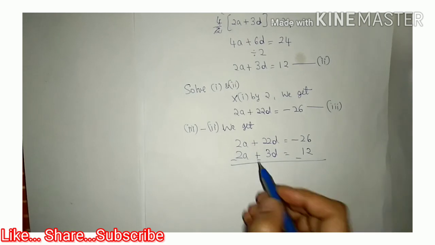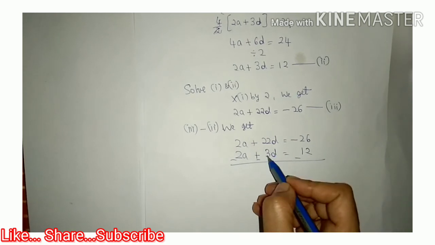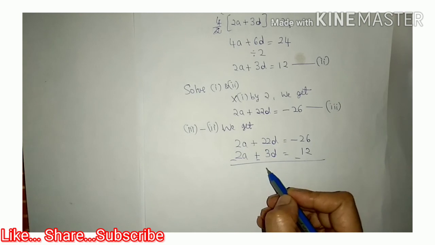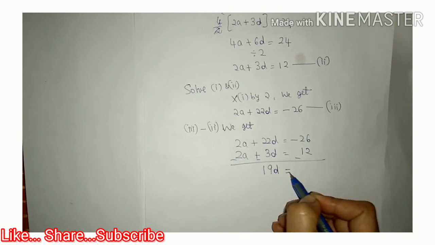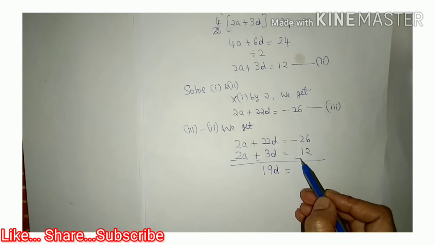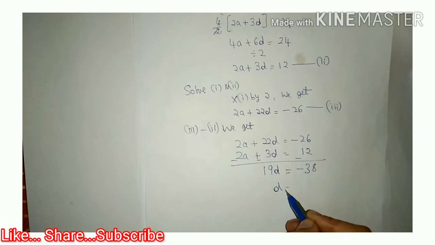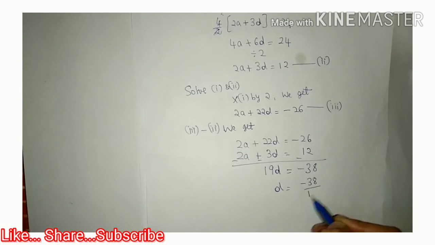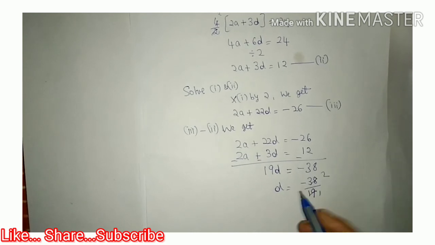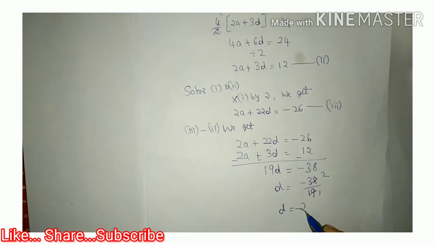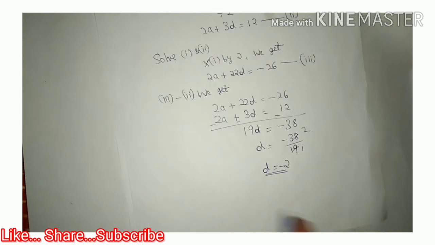Subtract: 22 minus 3, 19d is equal to minus 26 minus 12, minus 38. D is equal to minus 38 by 19. Therefore D is equal to minus 2.